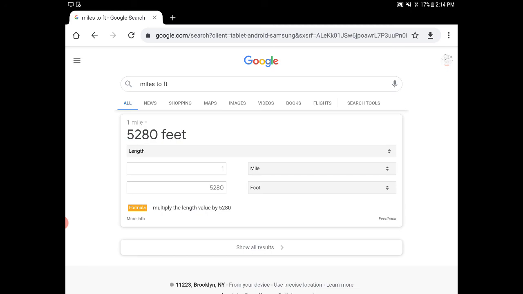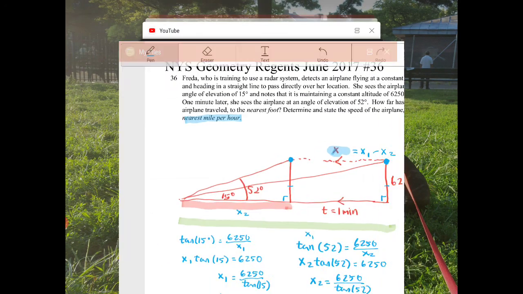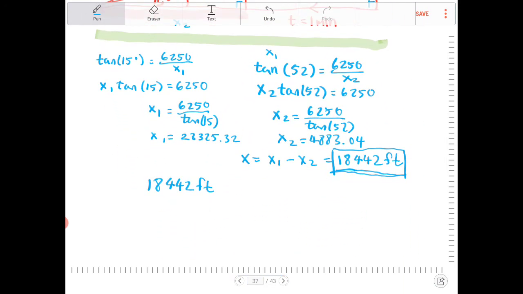Okay, so it's 5,280. For every 5,280 feet, there's 1 mile. I want the feet to cancel and miles to be at the end, which is why I'm dividing by 5,280.